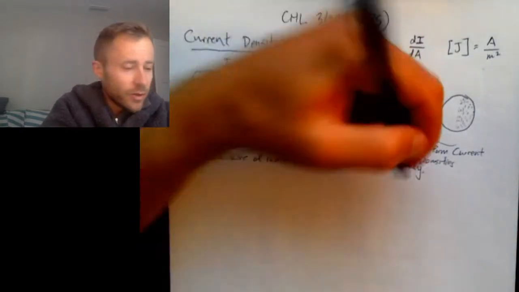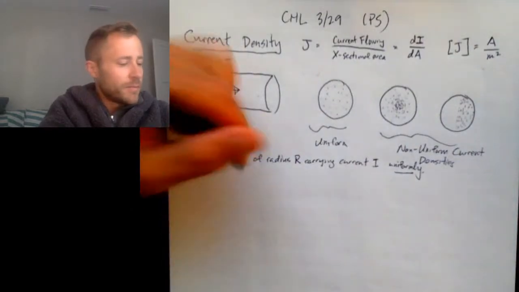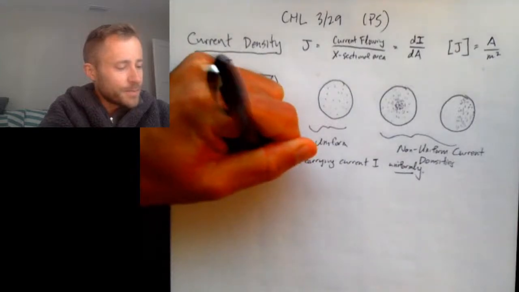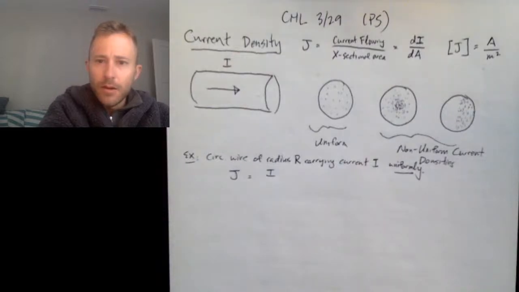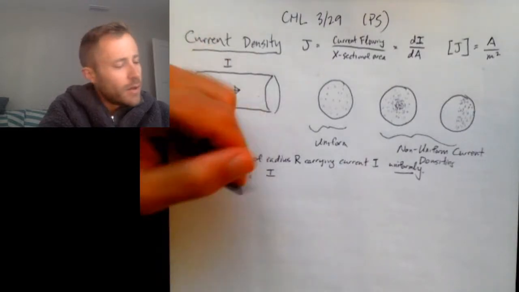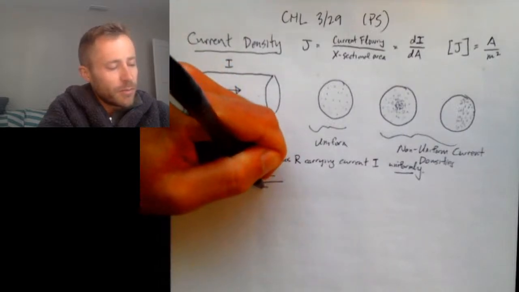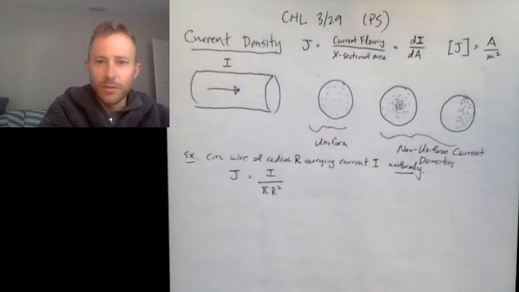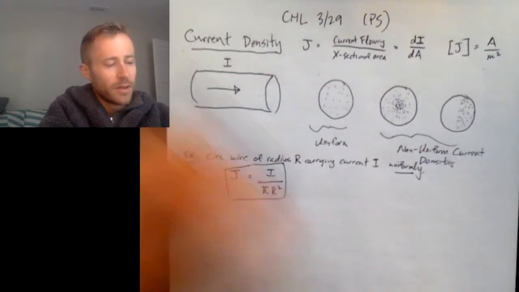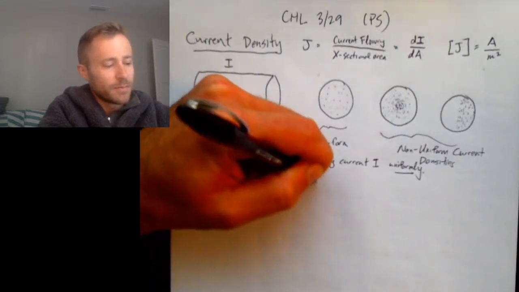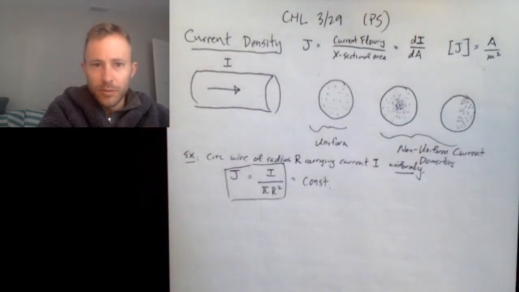What is the current density in that case? Well, you have a certain total amount of current, and the cross-sectional area of the wire is pi r squared, because it's a circular cross-section. So this would be the current density, and it would be a constant because it is a uniform distribution of current.